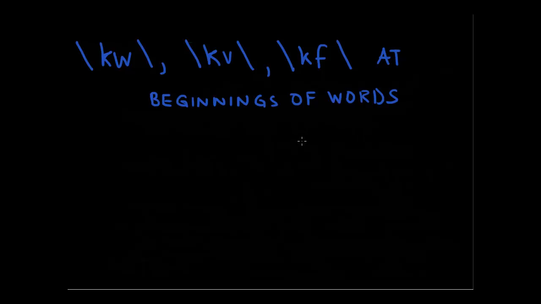If you have kwa, kva, or kfa at the beginnings of words, it does not happen too often. There are probably less than 5 words where these conditions are met. But if you do run into it, it's going to be spelled with the QU in German. QU, as in Querflirta.